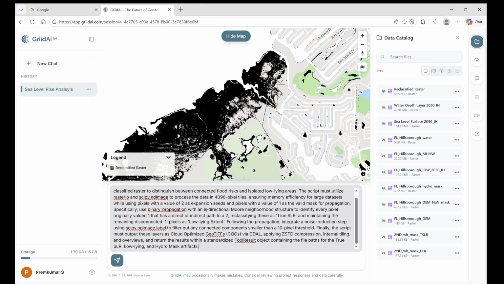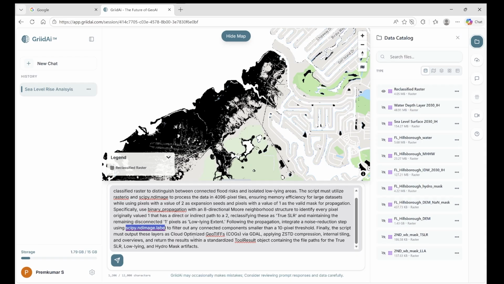Here you can see we are specifically requesting an 8 directional Moore neighborhood method, which is going to look at all the pixels around the pixel value of 2, and if it is connected to 2, then it's going to mark it as 3. All those analyses are clearly given here, what sort of model and libraries have to be used. The beauty of the platform is it's able to understand all these things.